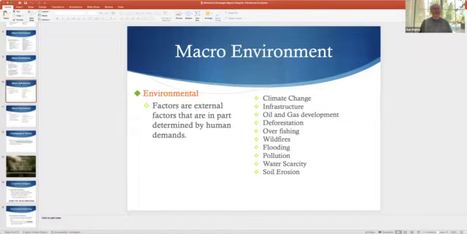Let's go to the next one, environmental. Now we're looking at factors that we as humans may have been a cause of. Now, I know that there's been a lot of discussion and disagreement on both sides, presenting their cases of, yes, there is climate change, and no, there's not climate change. It's irrelevant.